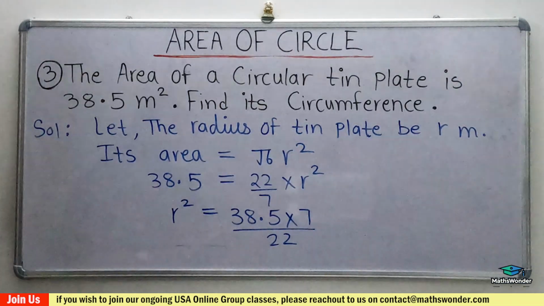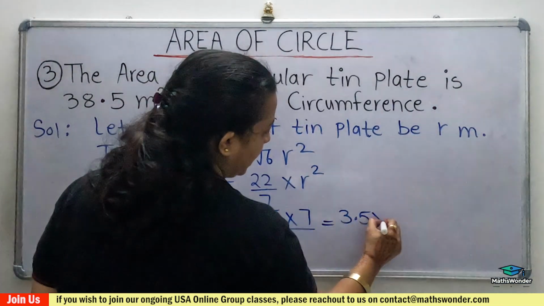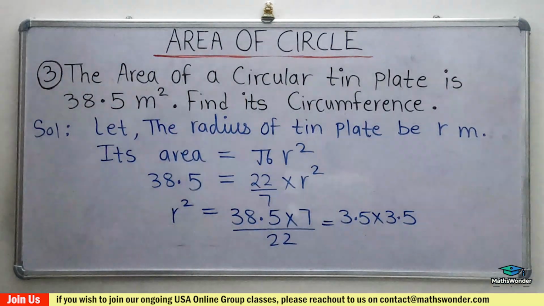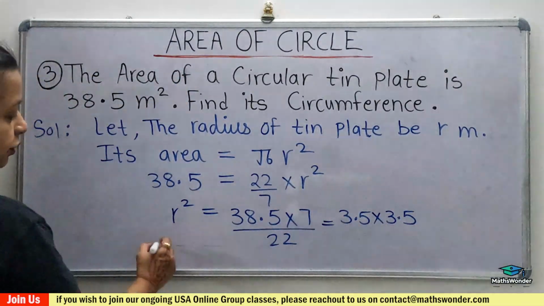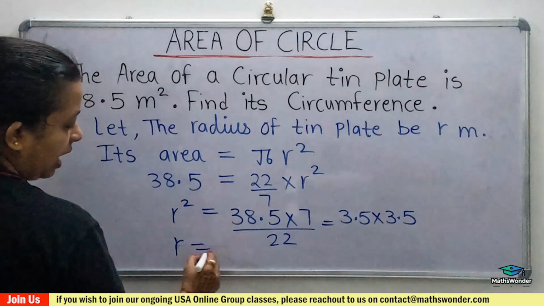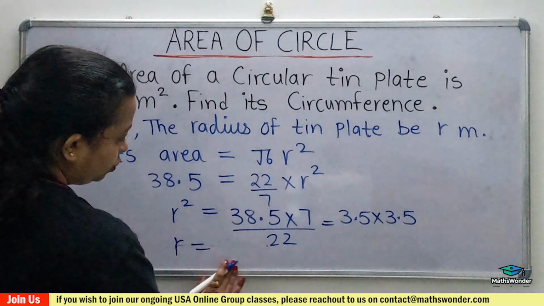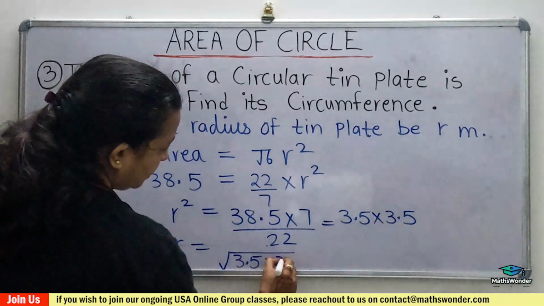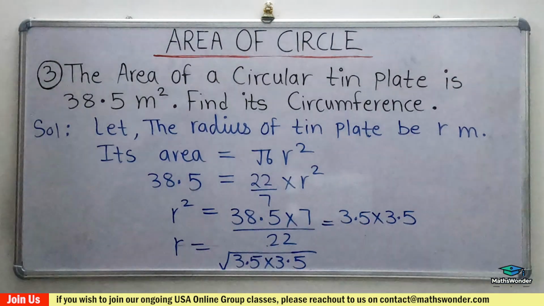When you simplify this, you will get 3.5 times 3.5. When you remove the square from r, these two 3.5s will go under the square root.